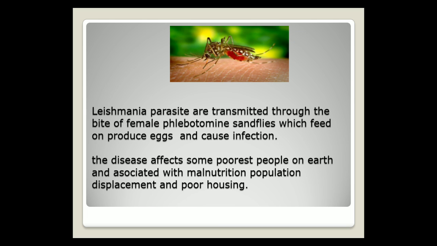The promastigotes are engulfed by macrophages present in the human body and get converted into amastigotes. The amastigotes get sucked up by the sandfly from the infected human, and it transmits the infection to an uninfected human. The disease affects some of the poorest people on earth and is associated with malnutrition, population displacement, and poor housing.